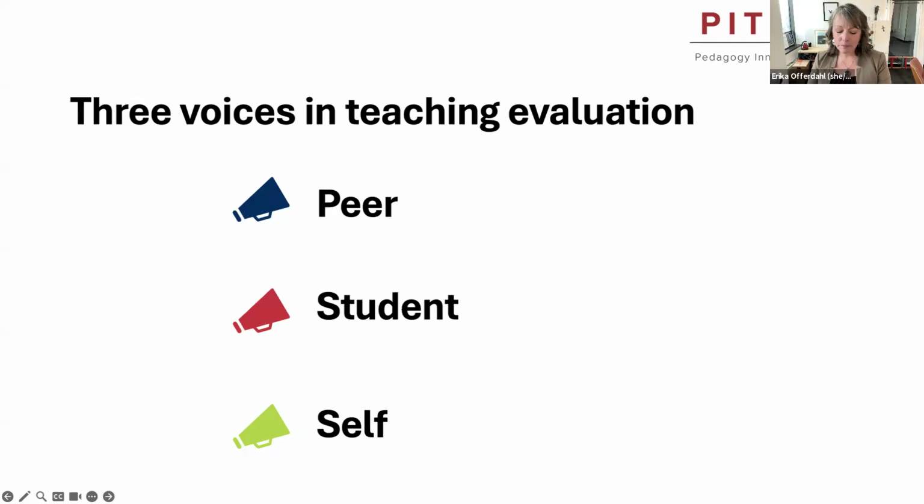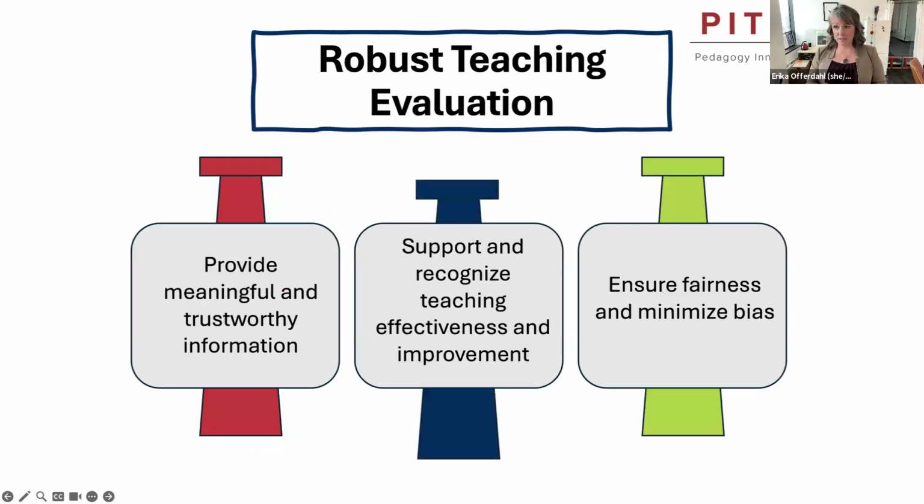So some would argue that really robust evaluation of teaching requires all three voices, and that if we do a good job of leveraging those voices, we should be able to have access to meaningful and trustworthy data that we can use to recognize teaching effectiveness. We can use it to identify areas for improvement, and we can really use it to celebrate what we're doing in the classroom.